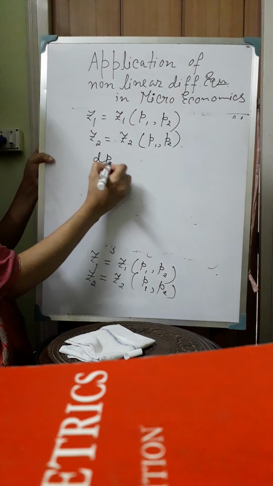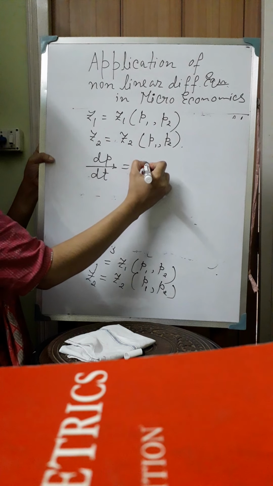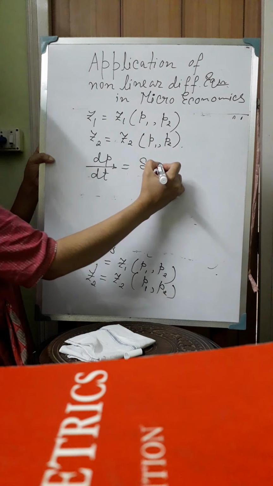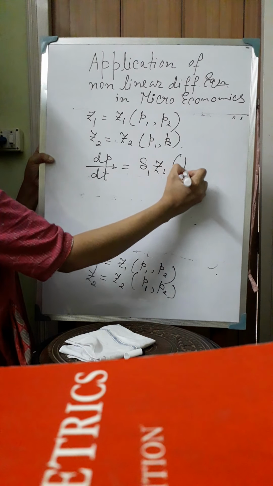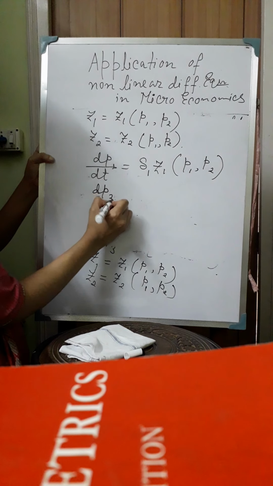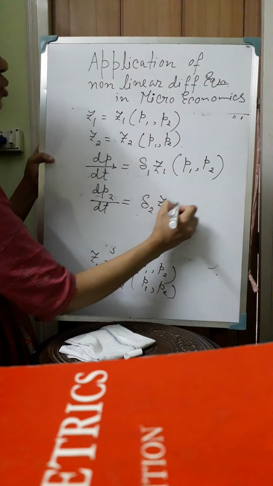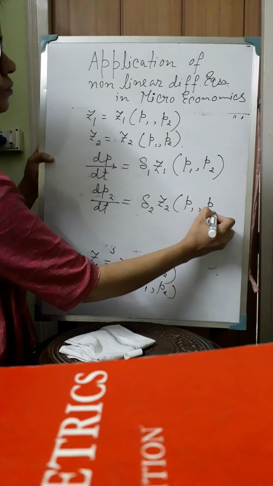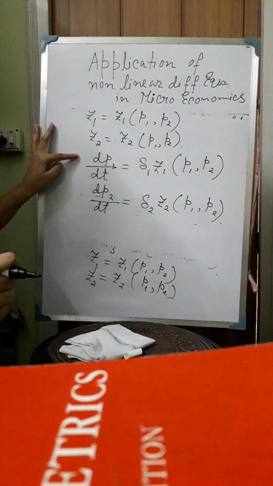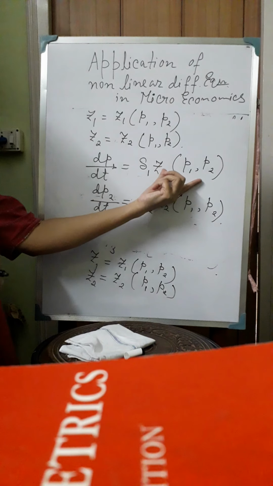Now dP1/dt is equal to delta 1 into Z1(P1, P2), and dP2/dt is equal to delta 2 Z2(P1, P2). Here we are considering that the change in price of commodity 1 with time depends on the demand function.